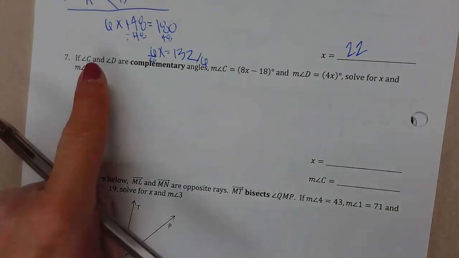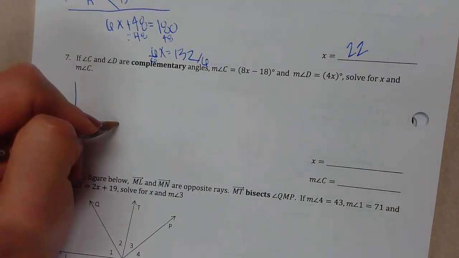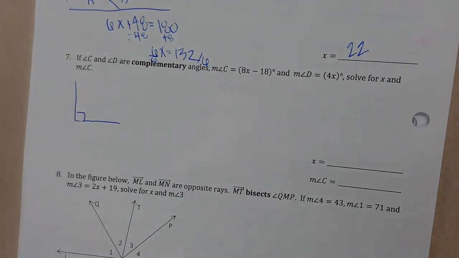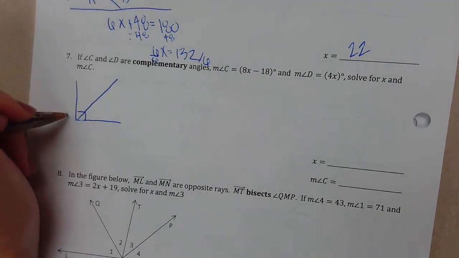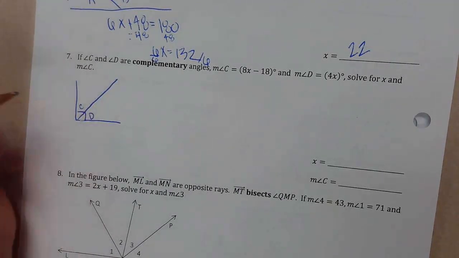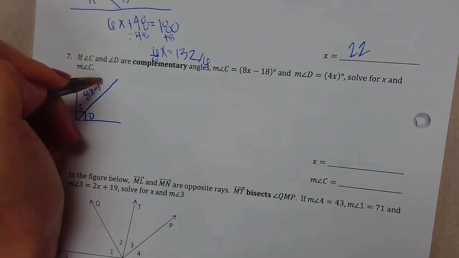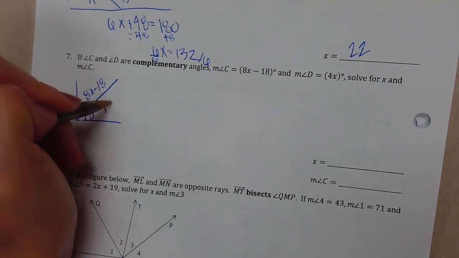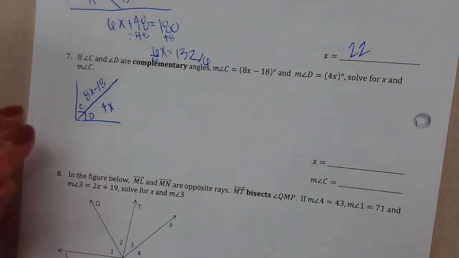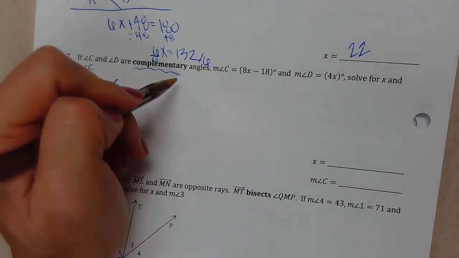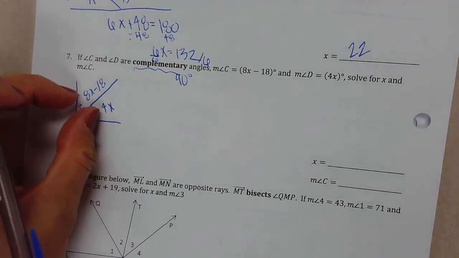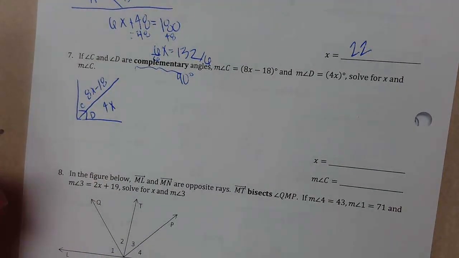Okay, next up, C and D are complementary, meaning that together they add to 90 degrees. Let's just say this is angle C and this is angle D. Angle C is equal to 8x minus 18, and angle D is equal to 4x. Because I know they're complementary and equal 90 degrees, I'm going to add them together and set it equal to 90.